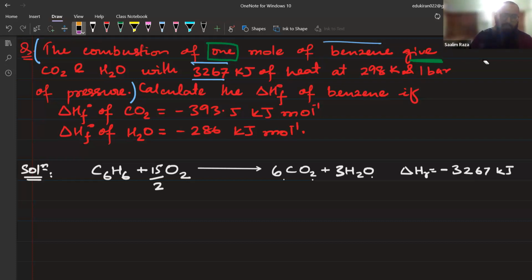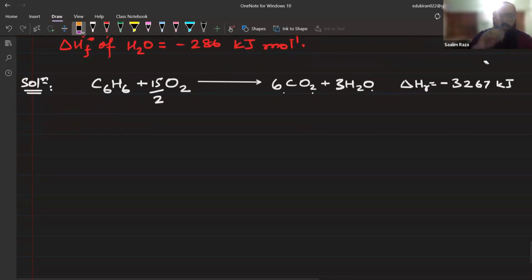ठीक है, अब समझिए। Now you have written the thermochemical equation. अब इसके बाद हमारे पास आ जाएगा क्या, डेल्टा H नॉट R। I mean this is the H naught R ही है। Why?